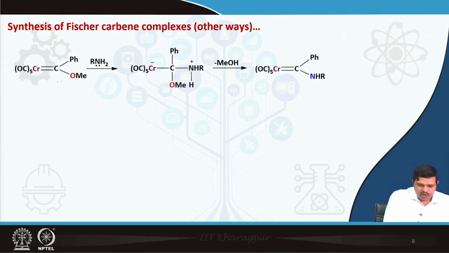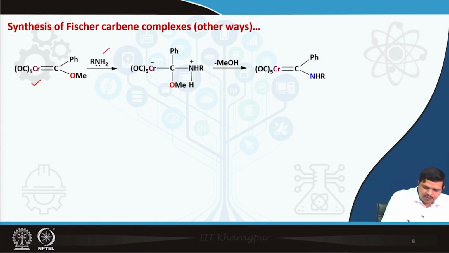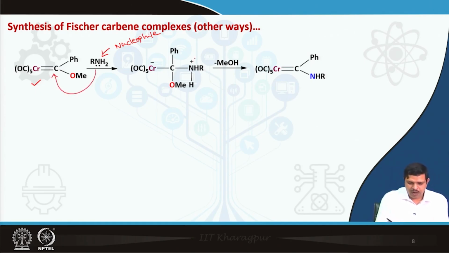You take this Fischer-carbene complex as a starting material, and then you react with amine, and amine has a lone pair, so it basically acts as a nucleophile. It's very common, no, that amines can act as a nucleophile, and so this amine reacts here, and then it becomes delta plus and it becomes minus.